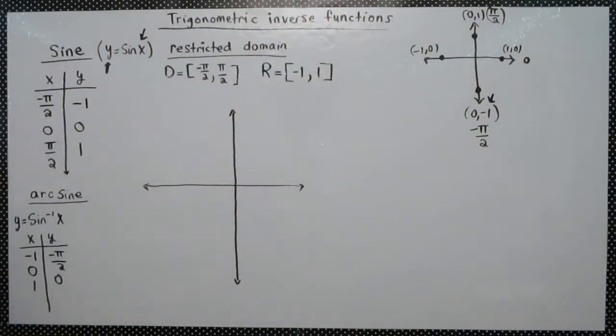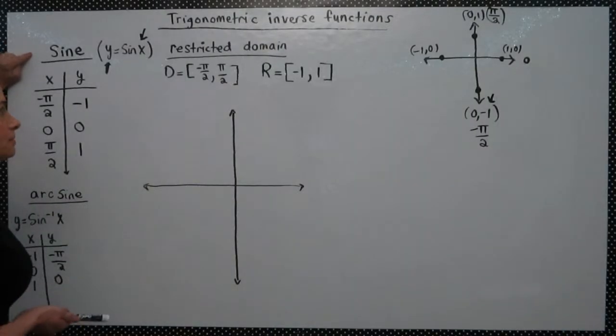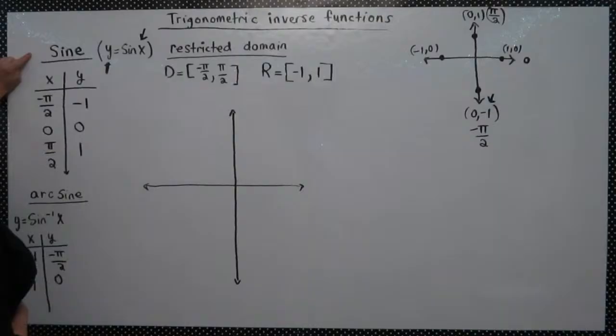All right, so recall from yesterday, I started talking about the sine function. And this week we've been talking a lot about the graphs of the trigonometric functions. And I tried to move on to a topic on inverses, trigonometric inverse functions.